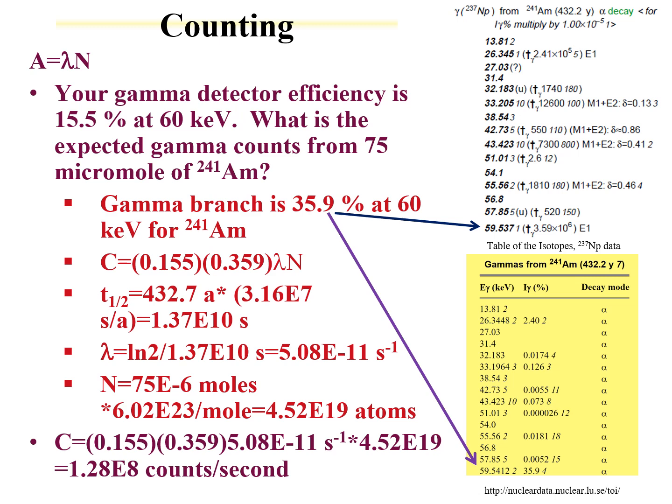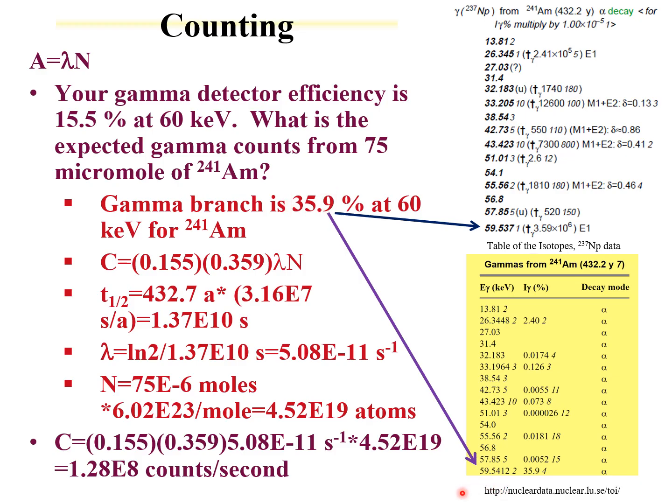The gamma branch at 60 keV, so 59 right over here, I multiply it by 1 times 10 to the minus 5. This is 3.56 times 10 to the 6, so it's 35.9% is my gamma branch.